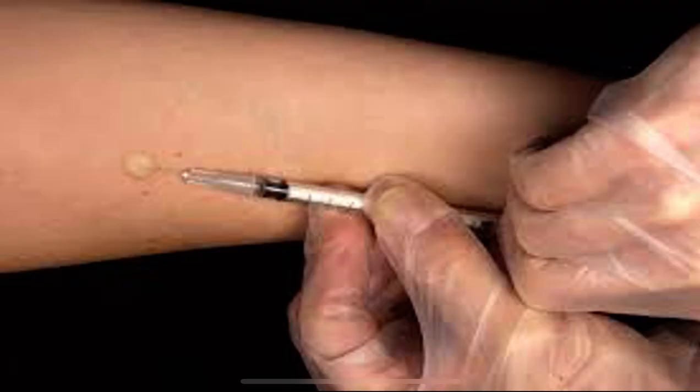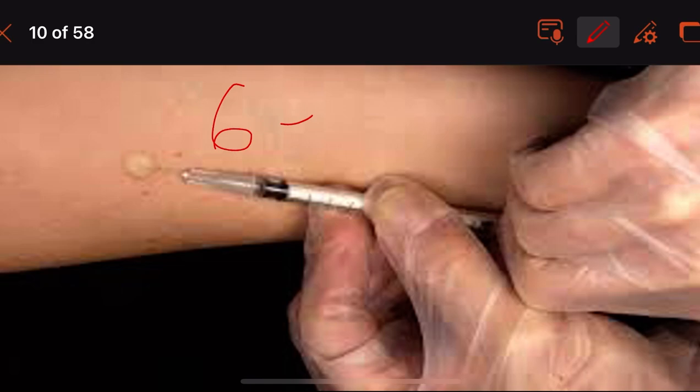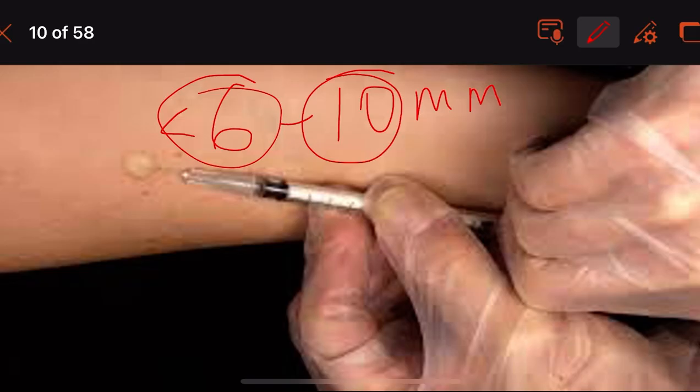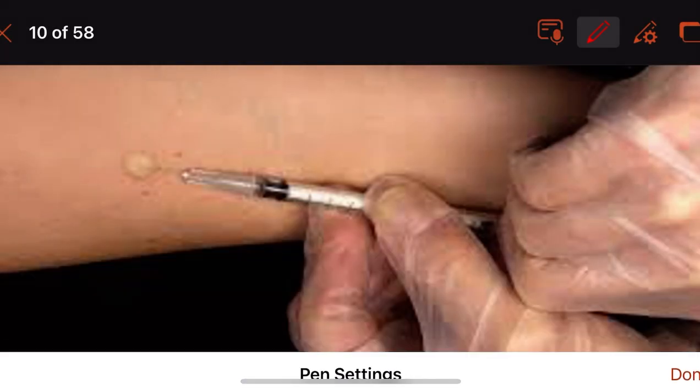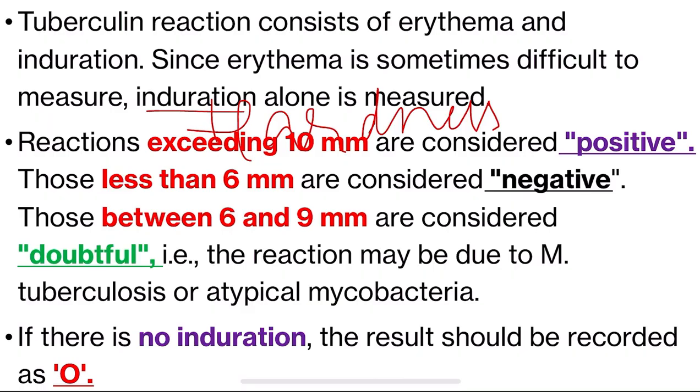We are going to measure the reactions. First we saw that the wheal is 6 to 10 mm in diameter. More than 10 is positive, less than 6 is considered negative, and 6 to 9 is doubtful.